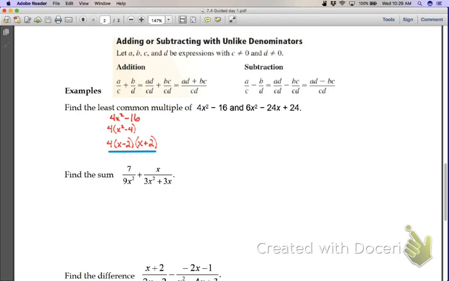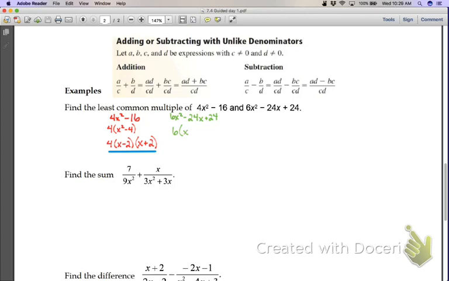If I do the same thing with 6x squared minus 24x plus 24, what can I factor out of everything here? A 6.